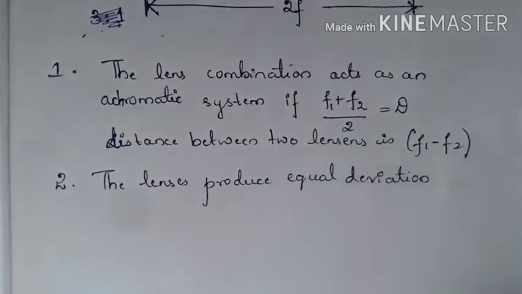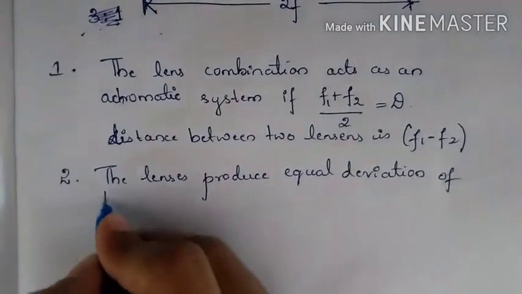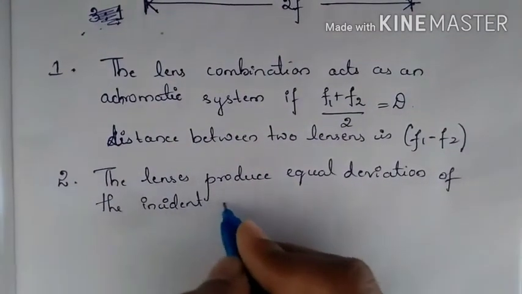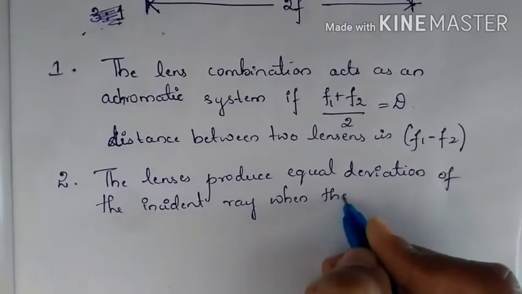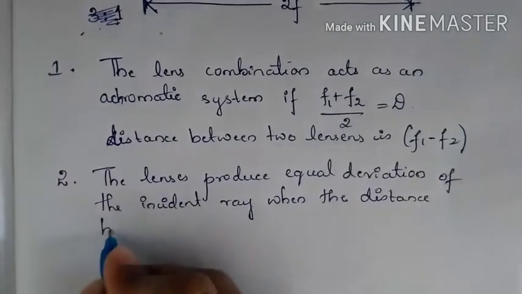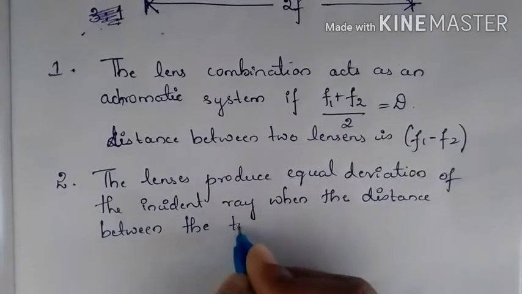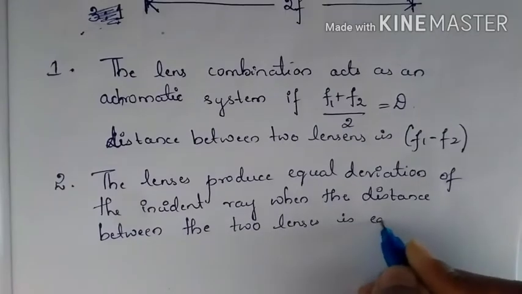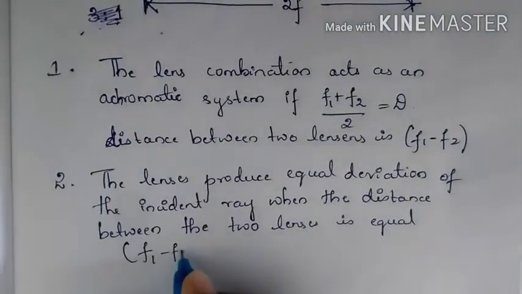So this system produces the equal deviation of the incident ray when the distance between the two lenses is equal, that is f1 minus f2.